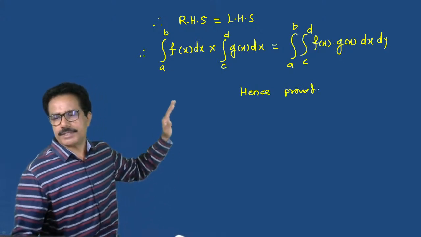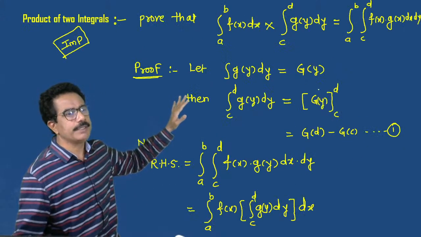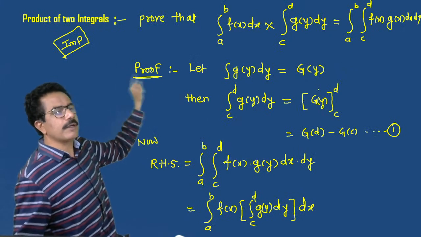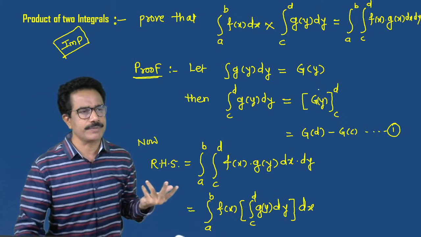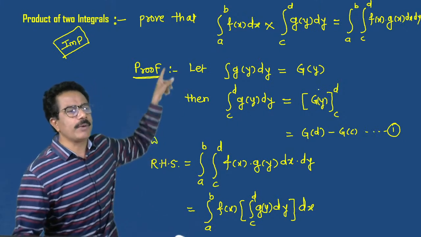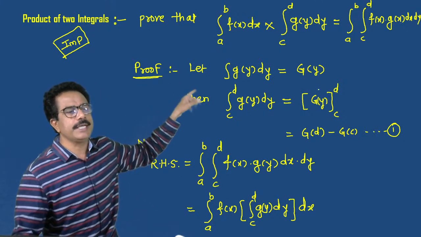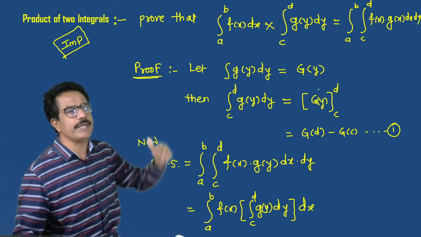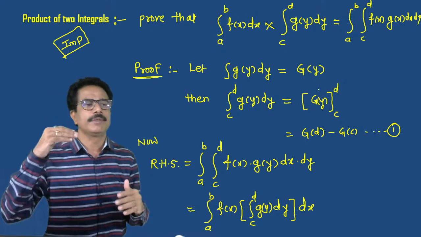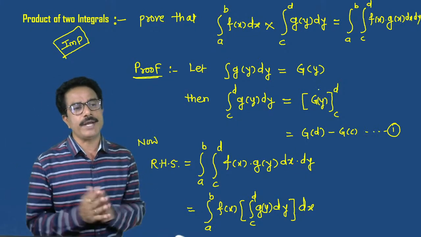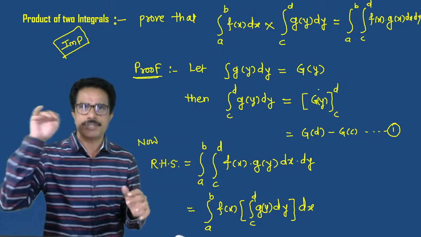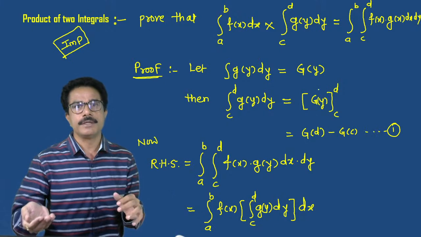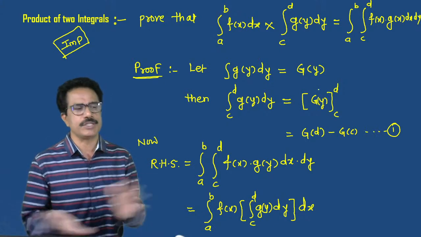This completes the proof of this theorem. This is called the product of two integrals in different variables: the integral from a to b of f of x dx into the integral from c to d of g of y dy equals the double integral from a to b, c to d of f of x into g of y dx dy, with respect to x and with respect to y.